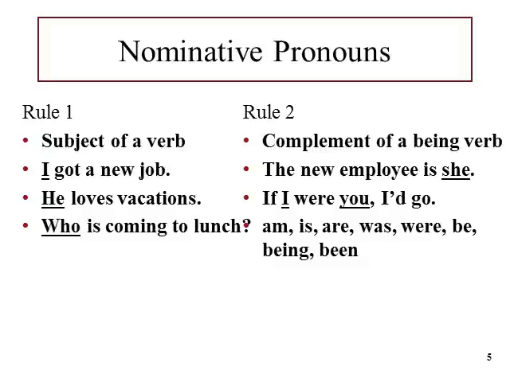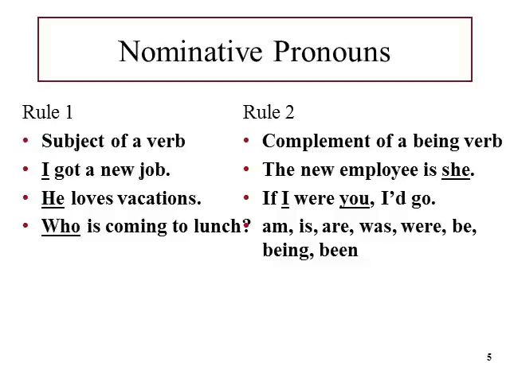And rule number two should be pretty easy for you by now. The new employee is she. She is the new employee, because you've got this linking verb here. If I were you, if you were I. And your linking verbs, remember, are am, is, are, was, were, be, being, and been. Linking verbs are funny in that they're like a big equal sign, and it says whatever is here on the left is equal to whatever is on the right.